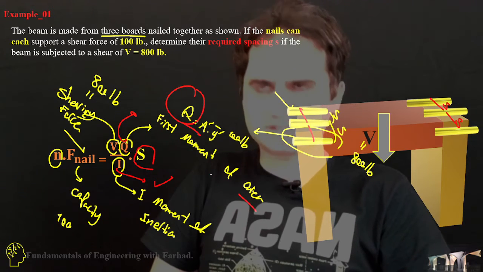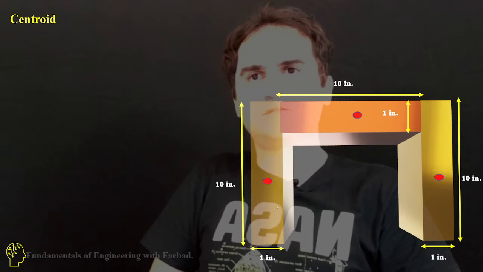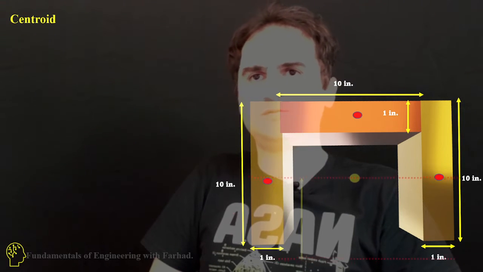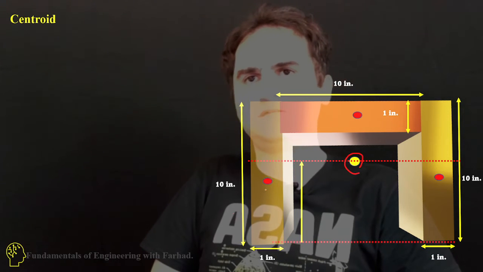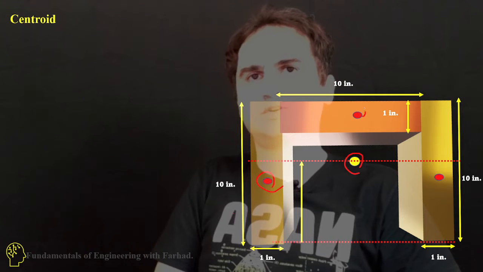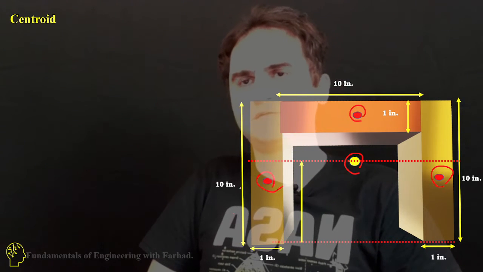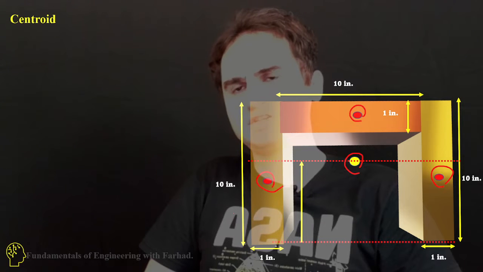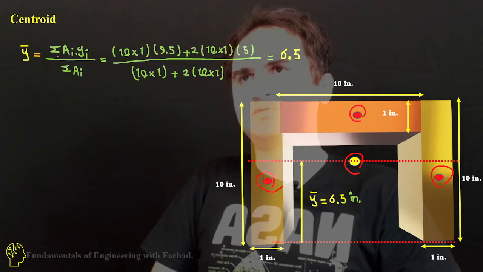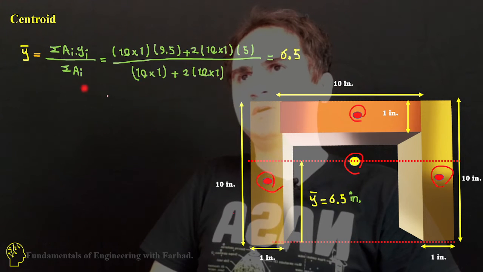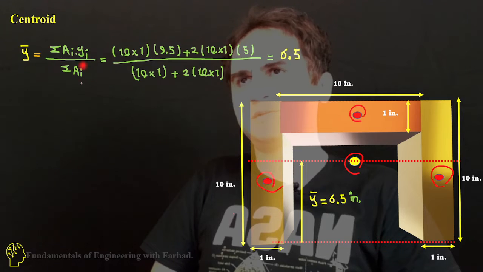So first of all, we need to calculate the centroid of the whole configuration, and it should be somewhere between the centroids of each of those parts individually. The dimension of each box is 10 inches by 1 inch, and then y bar is equal to the summation of A_i times y_i over the summation of the area.